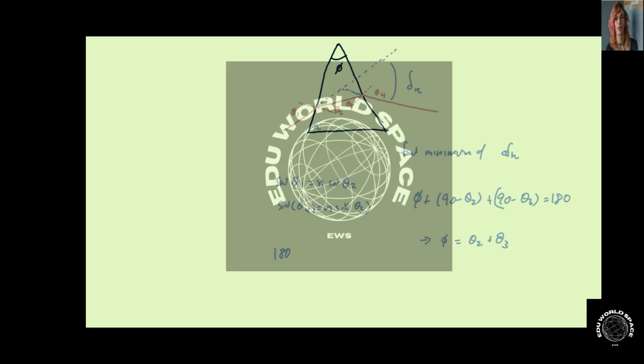We have another triangle that involves delta, and this triangle is the triangle with two purple sides and a red side here in the middle.